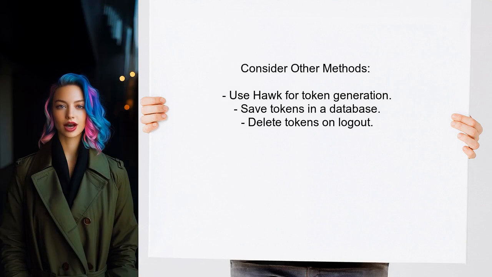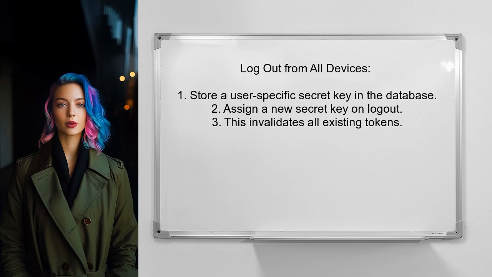Instead, consider using other token generation methods like Hawk, which saves tokens in a database. On logout, you can simply delete the token. Lastly, if you want to log out a user from all devices, keep a user-specific secret key in the database. By assigning a new secret key when the user logs out, you can invalidate all existing tokens.